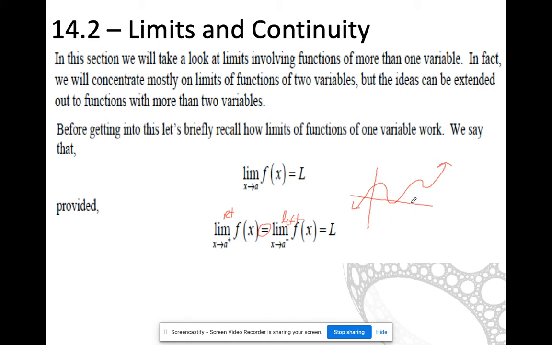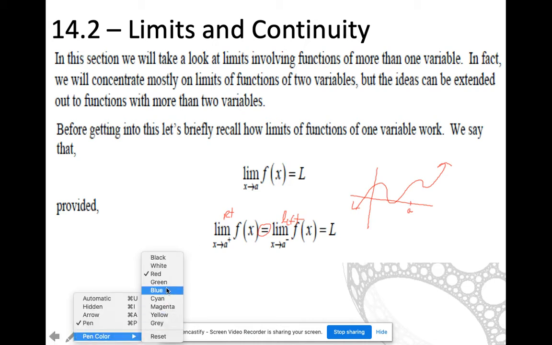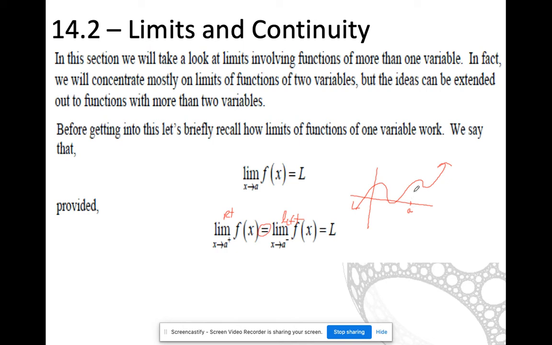If I have some number here, a, I'm not asking about the actual function value at a, right? The function value is right here, f of a, but I'm talking about as you approach a from the left and as you approach a from the right, the corresponding range walkers that have these big bellies, right?